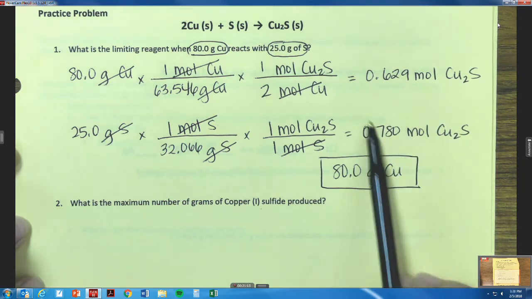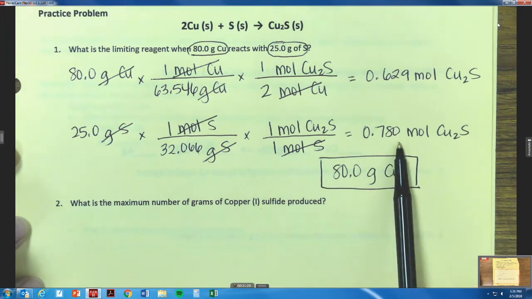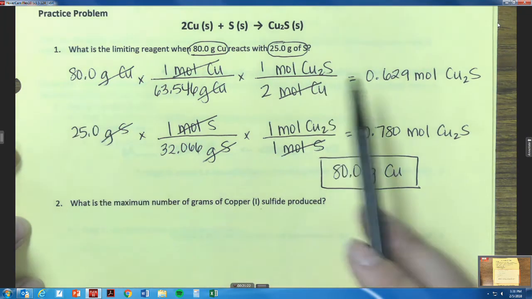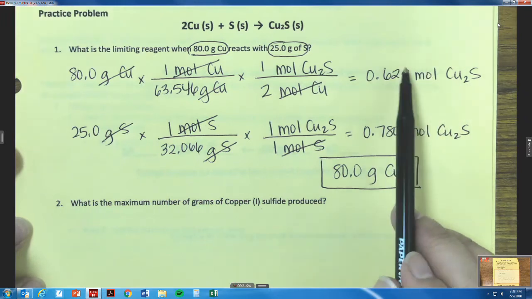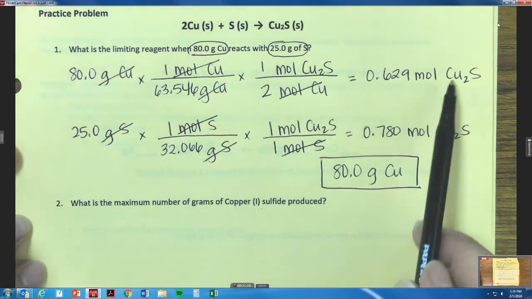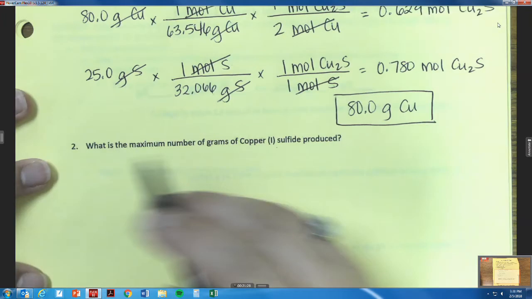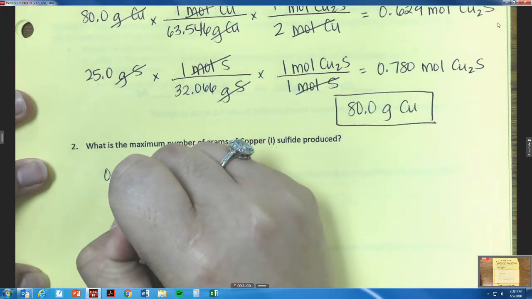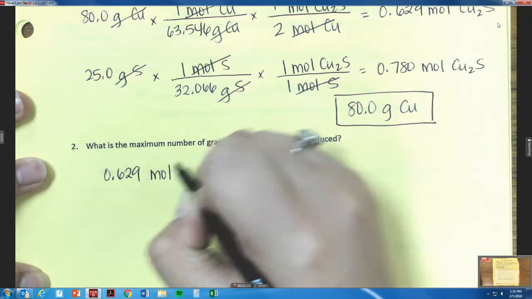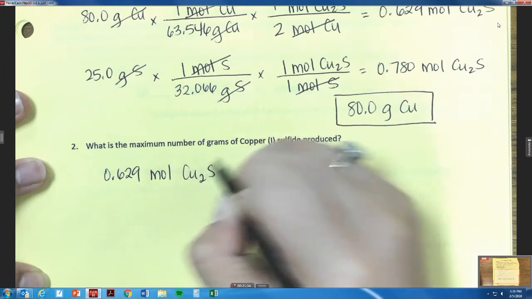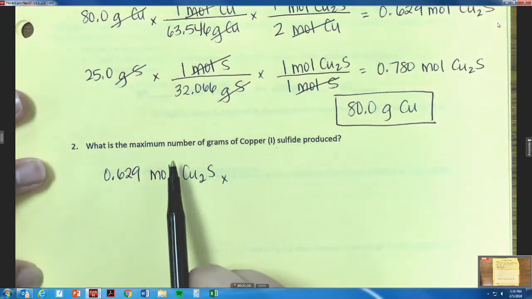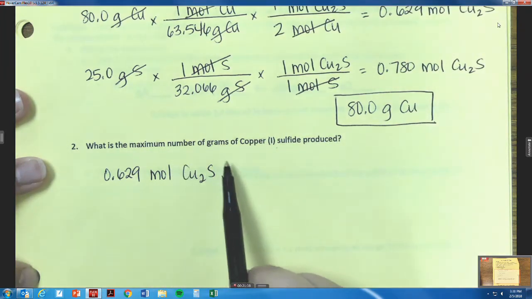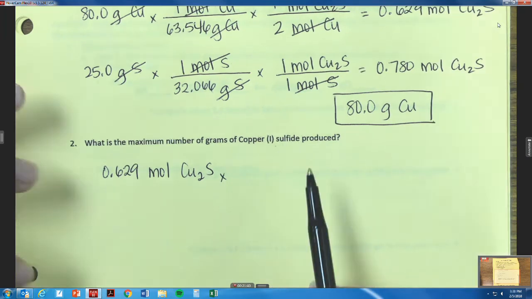Well, we know we can't produce that much because we don't have enough copper. So our given for number 2 is going to be this right here: 0.629 moles of copper 2 sulfide, and then it's asking for grams of copper 2 sulfide.